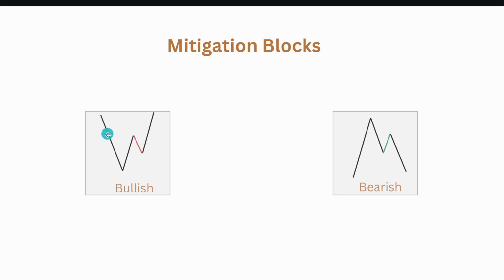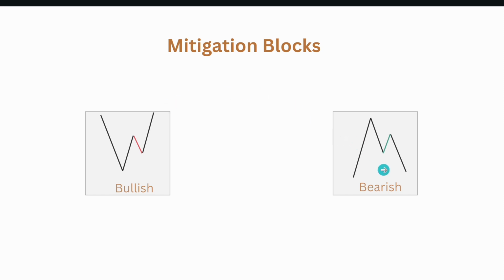So we are in a downtrend, and after retracement, the price action fails to create a lower low and creates a higher low and reverses the direction. So these bearish candles become a bullish mitigation block. So when price again retraces, it can push the price higher.